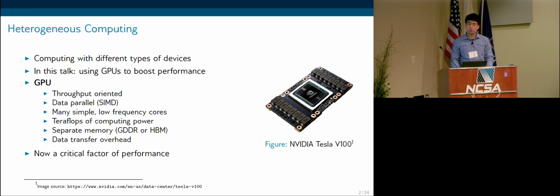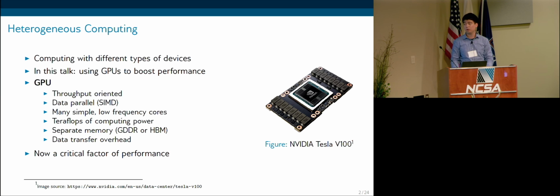GPUs are throughput-oriented devices, as you all know. They are data parallel, or SIMD: we are executing a single instruction for multiple data. They have many simple, low-frequency cores, in contrast to CPUs, which have fewer cores at higher frequency.